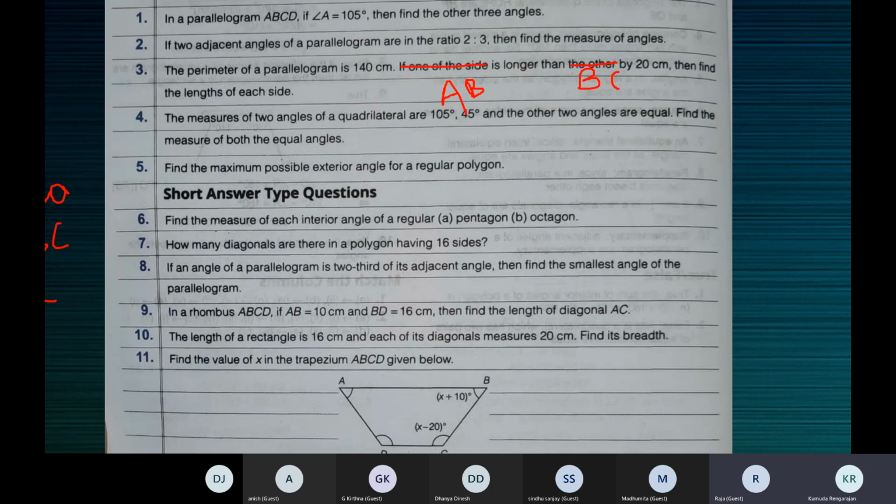Ma'am, n into n minus 3. That's all? Then how do you get 104? You wouldn't have got 104. N into n minus 3 by 2.